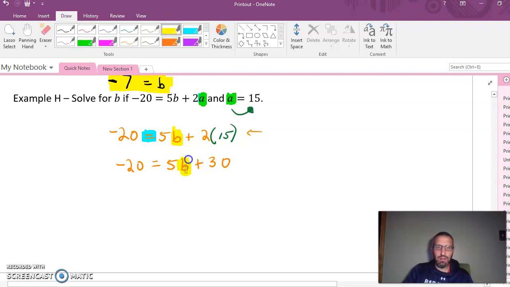We've got our b here, we've got our equal sign, and hopefully now we can think about our inverse operations. If my b is on the right side, that means I want to inverse with addition and subtraction on that side first. So instead of adding 30, you want to subtract 30 on both sides.